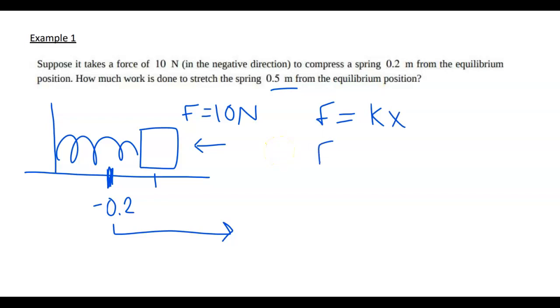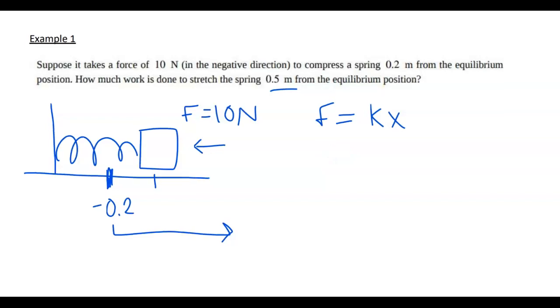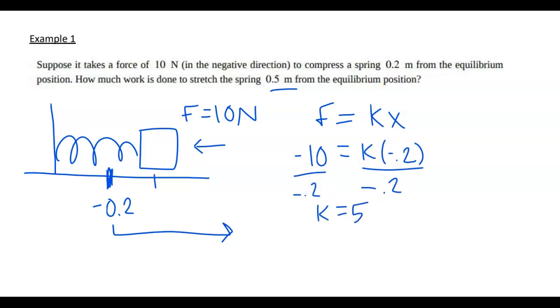So in this case, we'll have negative 10, because remember that force is going in the negative direction, is equal to K, and then the x displacement is negative 0.2. Well, if I divide both sides by negative 0.2, I get that my spring constant is 50. So F must be equal to 50x.